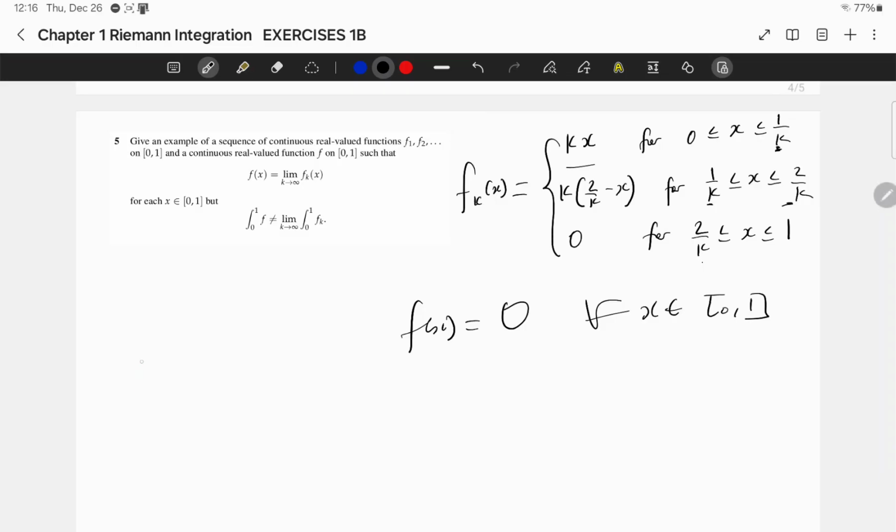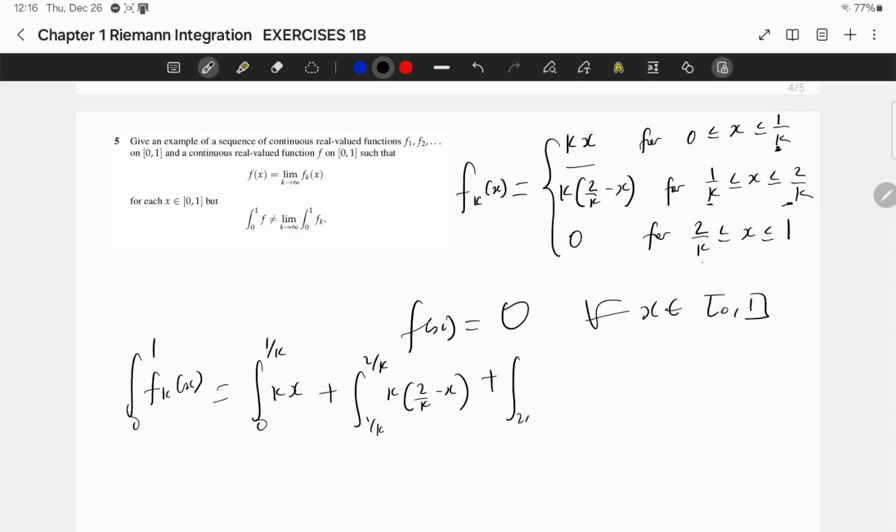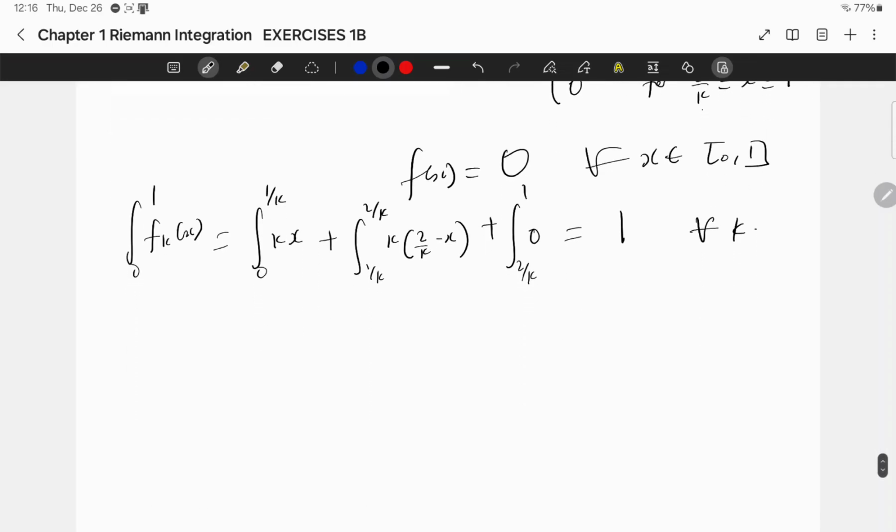We check the integral of f_k of x from 0 to 1, so we can break this into pieces: the integral from 0 to 1 over k, plus the integral from 1 over k to 2 over k of 2k minus k squared x, plus the integral from 2 over k to 1 of 0. This is equal to 1 for all k. So even though you take the limits, you still get 1.